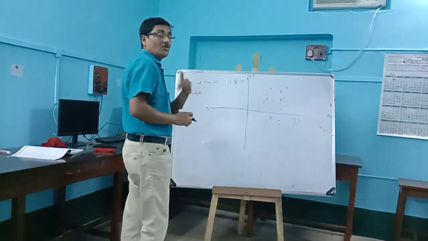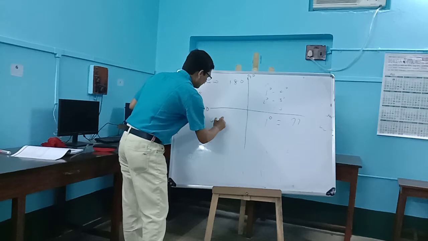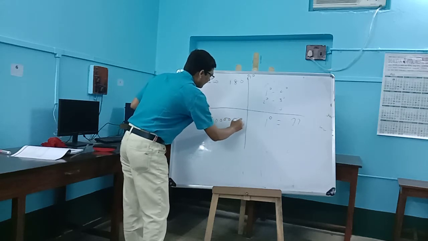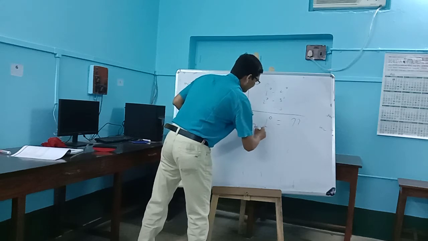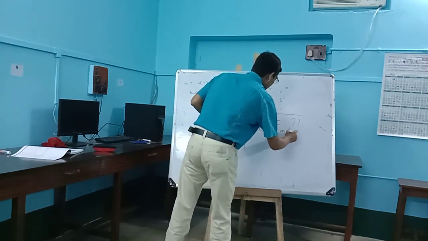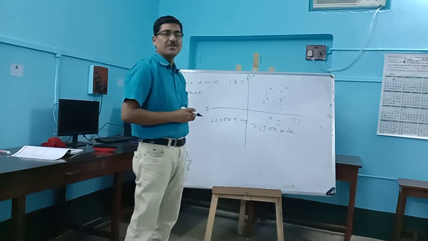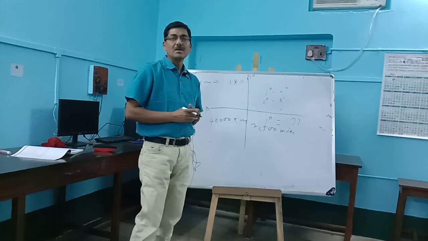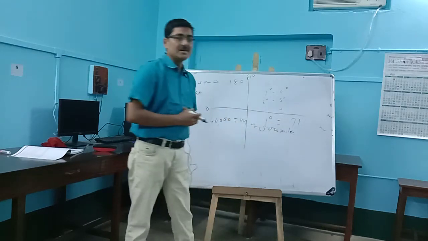The circumference of earth is approximately 40,000 kilometer or 25,000 miles.